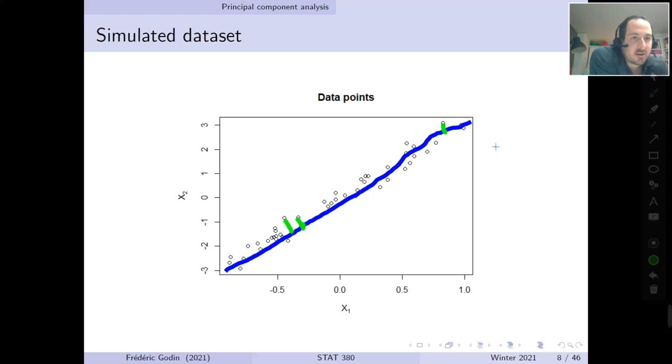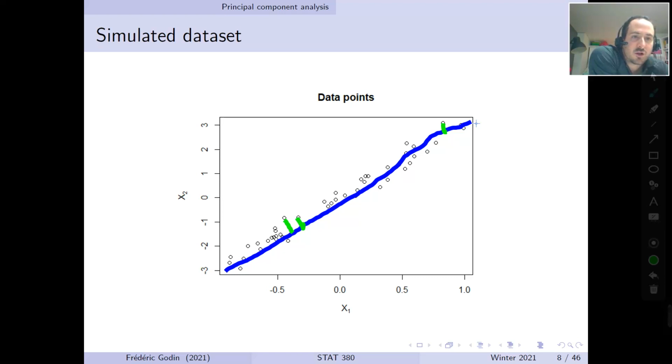So we could think that there might be a way to do a very good job to summarize the information provided by these data points with a single quantity for each observation, which would be where on that line you would fall, and the departure from the projection and the data point looks somewhat minor.